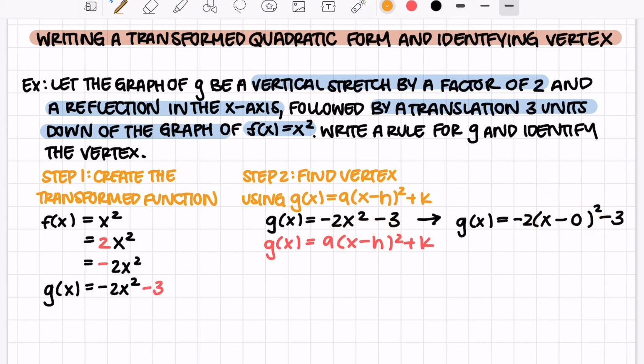So again, underneath, I have my g of x equaling a times x minus h to the power 2 plus k. And from here, I can identify what my h value is and what my k value is. My h here is going to equal 0, and my k equals negative 3.